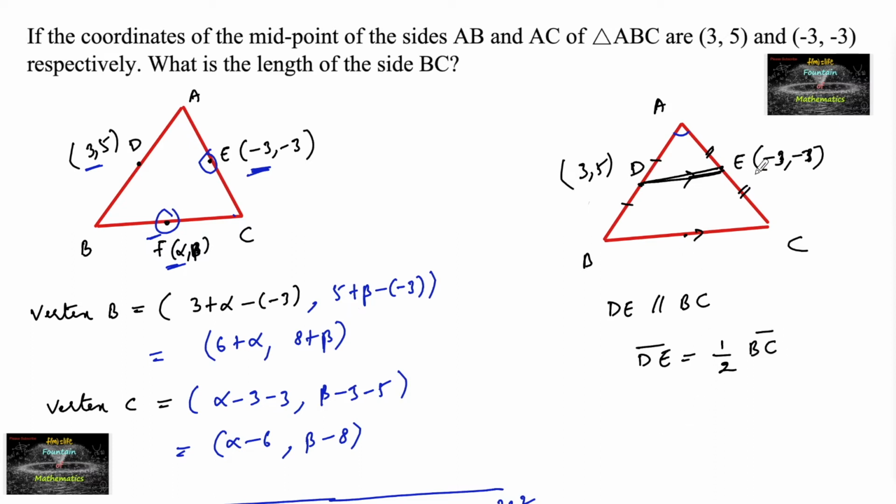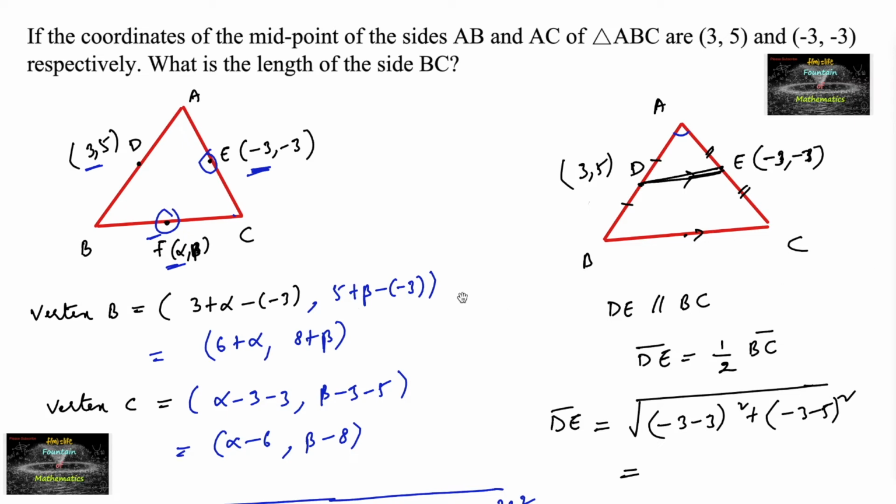Since we know the coordinates of D and E, the distance between D and E can be found, which is equal to the square root of x2 minus x1, that is minus 3 minus 3, whole square, plus y2 minus y1, that is minus 3 minus 5, whole square.